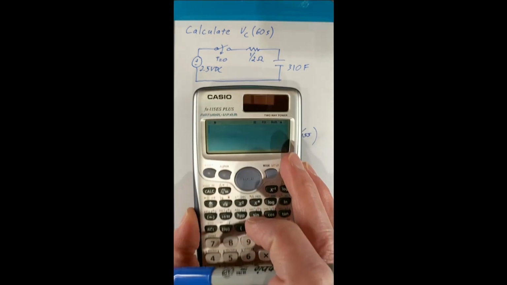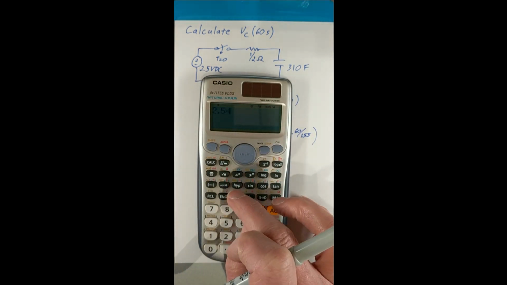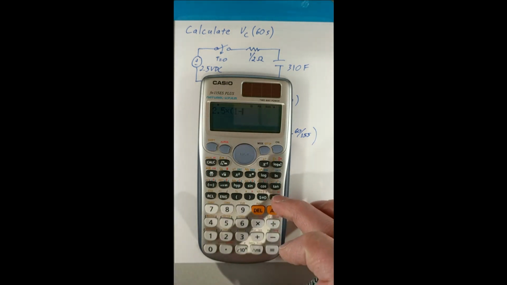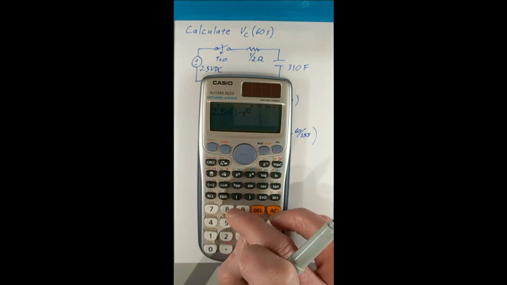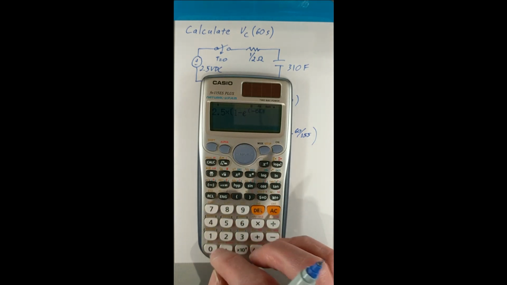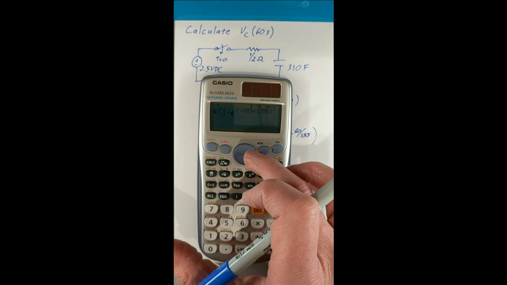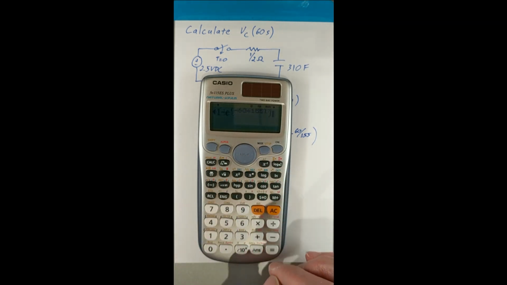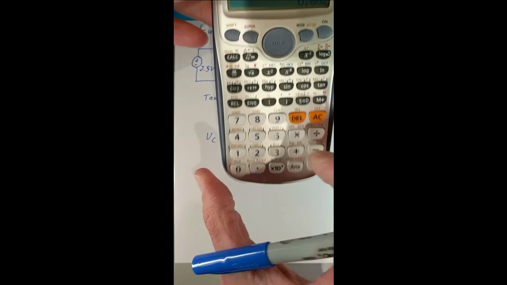We can solve this using our calculator. 2.5 multiplied by 1 minus e to the negative 60 divided by 155. Close and close is equal to 0.8 volts.